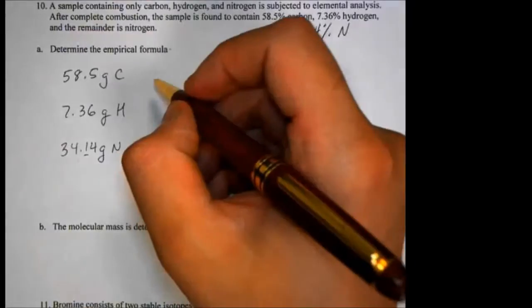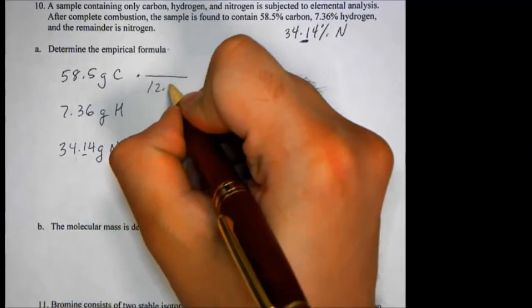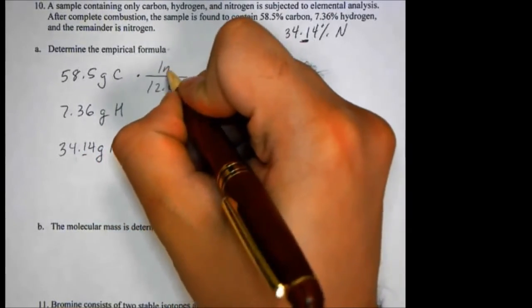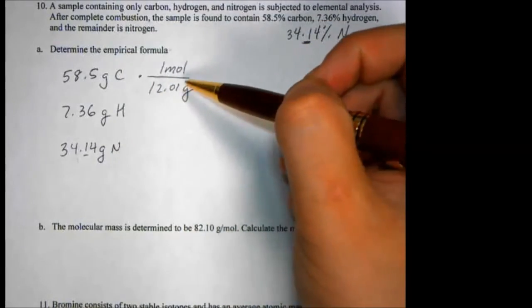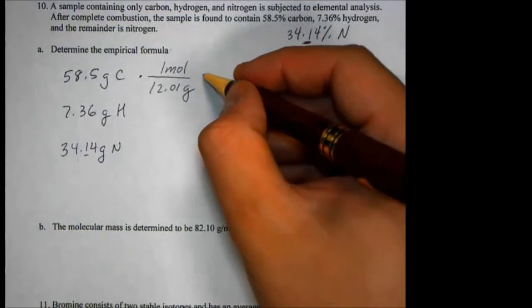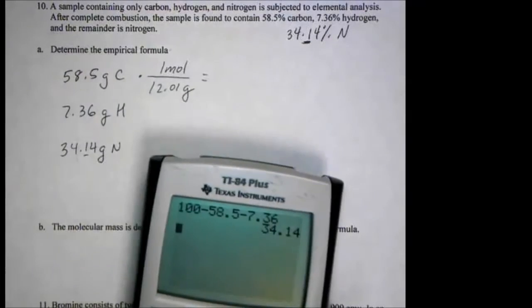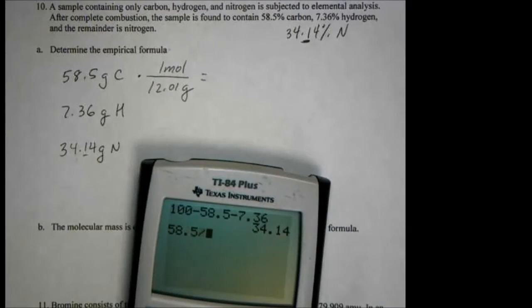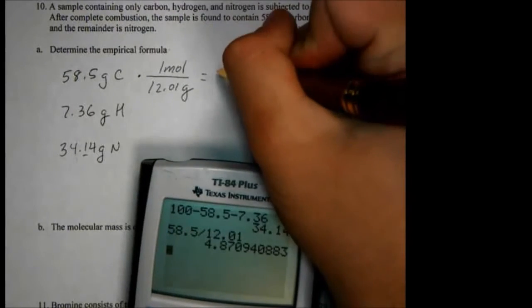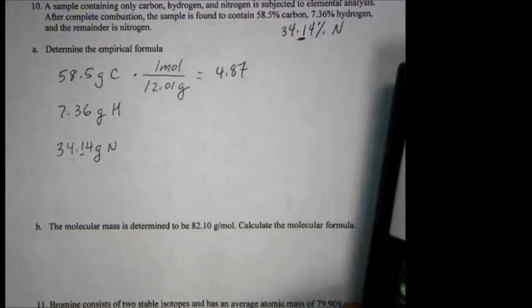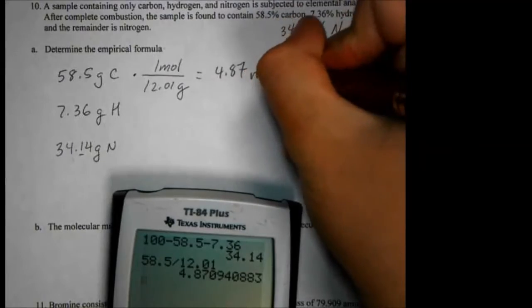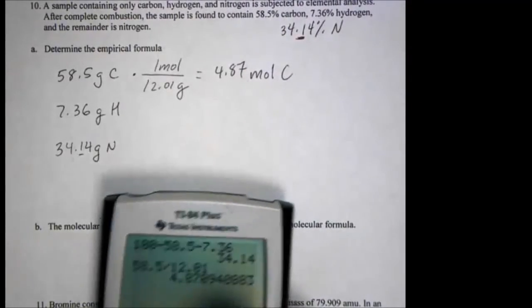That's the first step. So in this case, this will be 12.01 grams for every 1 mole. So we invoke the atomic weight of carbon to get the number of moles. So in this case, 58.5 divided by 12.01 is going to equal 4.87 moles of carbon.